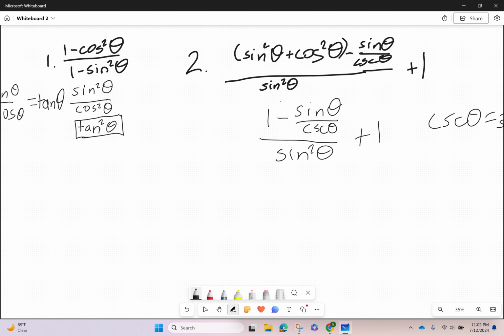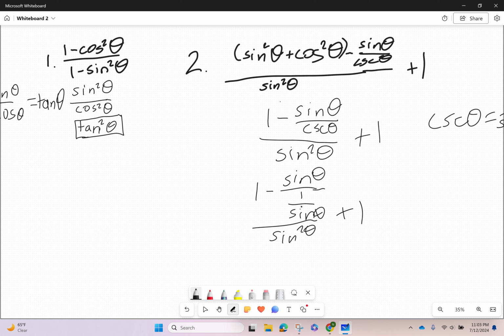And I know I said I wanted to simplify the numerator and I'm just adding another fraction into it, but in a second you'll see how this is exactly what we need to do. So it becomes 1 minus sine theta over 1 over sine theta. Now, we have to bring down the rest of our problem. Sine squared theta plus 1.